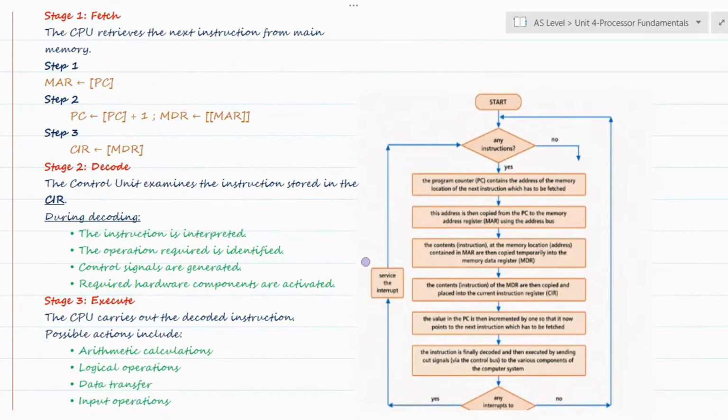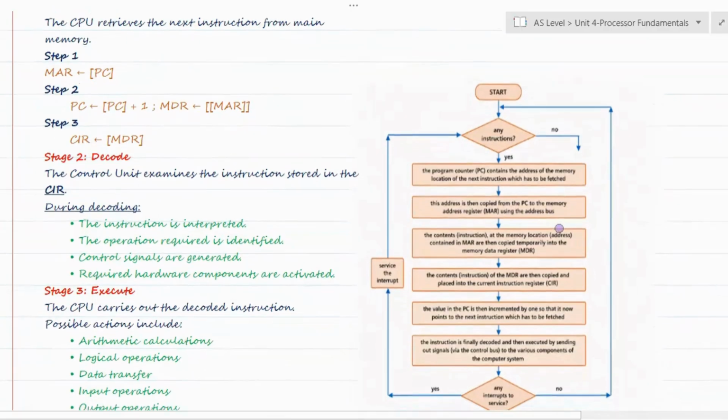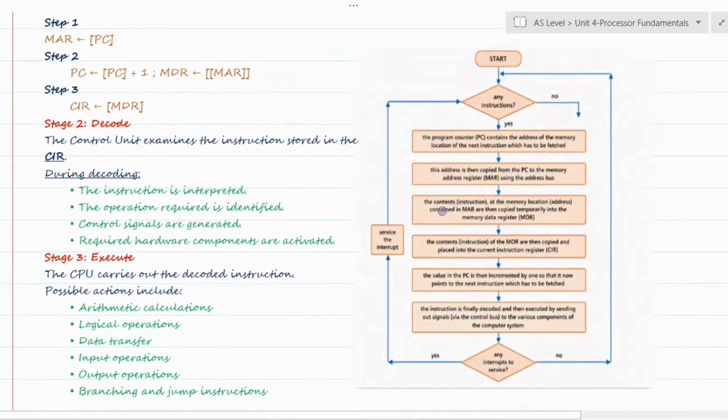Now, once we know the address of the next instruction to be executed, this address from program counter is copied to MAR. So this address is copied from the PC to the memory address register using the address bus. Okay. Now, the contents at the memory location contained in MAR then copied into the memory data register.